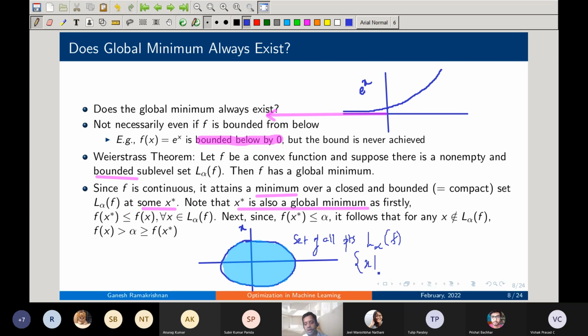What we are trying to say is that there will be some x star where the minimum is attained, because a closed bounded set will have this boundary, right? That boundary will be defined by x star.